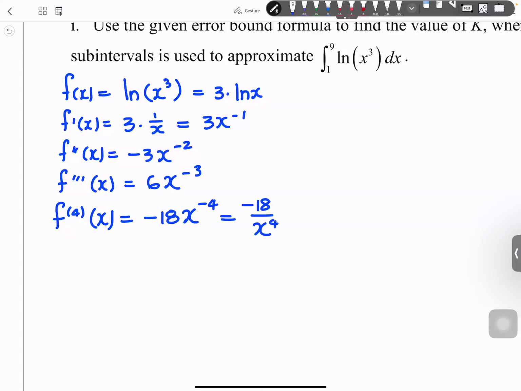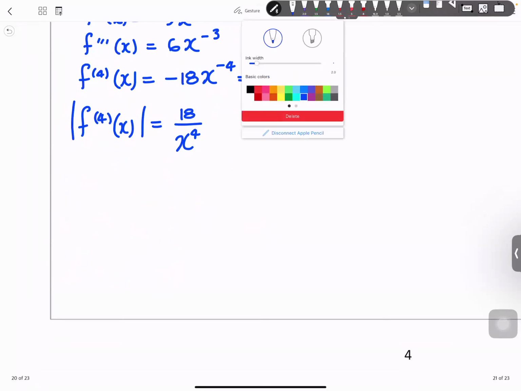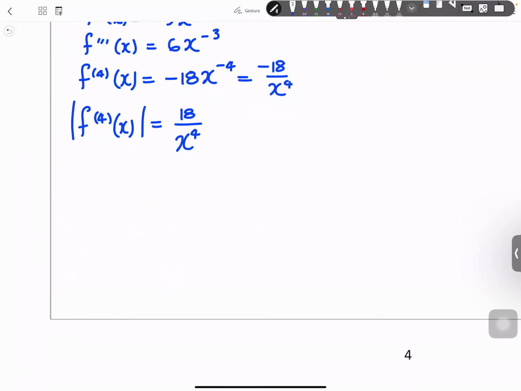Now, you have to be really careful when you graph this because you're really supposed to graph the absolute value of this function. So the absolute value is just going to be 18 over x to the power 4. When I graph this, I get a graph that looks like this.